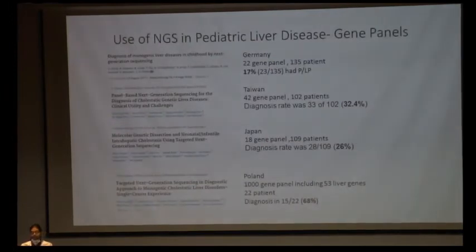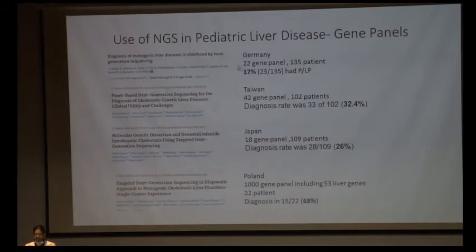If we look at the use of next generation sequencing in pediatric liver disease, first we'll look at gene panels. There's been a lot of literature looking at gene panels in childhood cholestasis and also inherited pediatric liver disease.